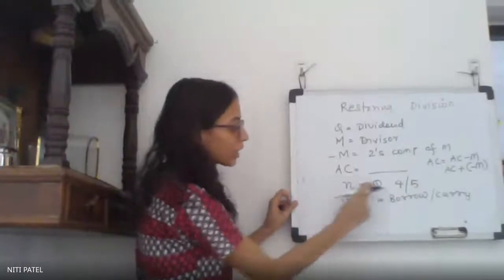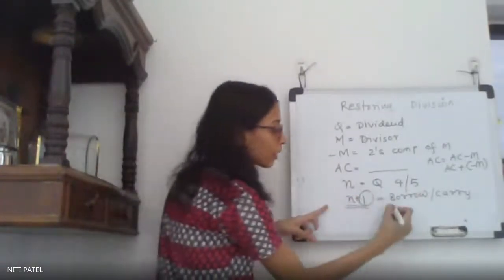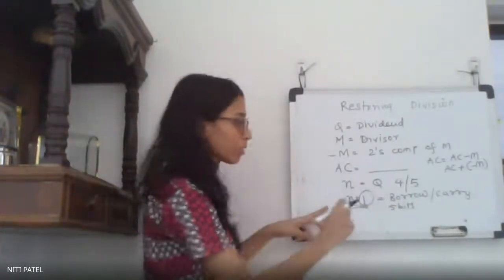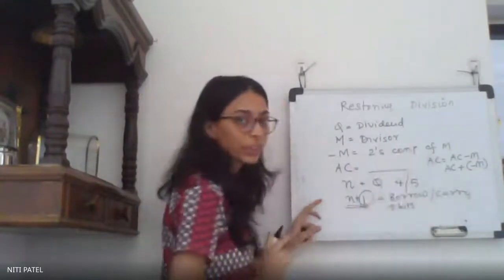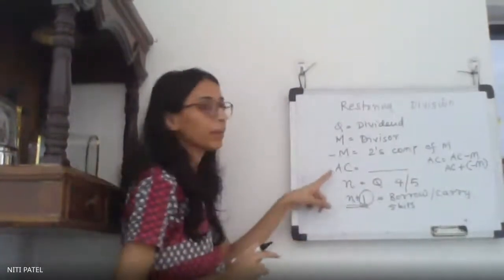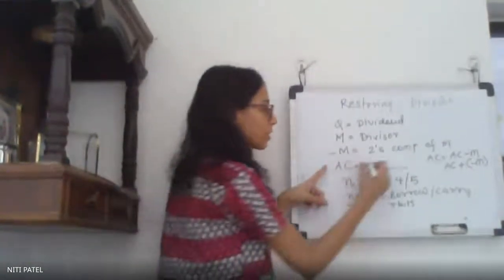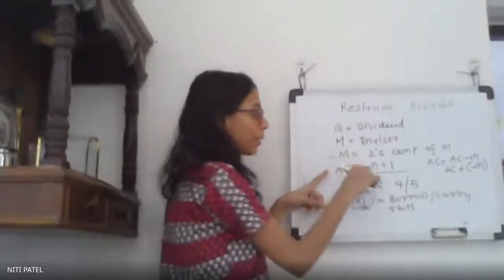So if my n is 4, I have to take n plus 1, that is 5 bits. And that extra bit is to handle the borrow or the carry. Your accumulator should have n plus 1 bits.